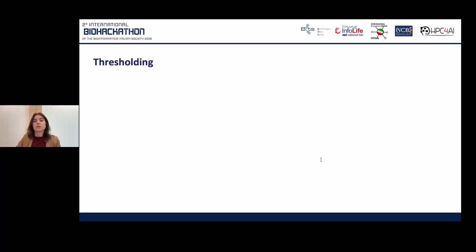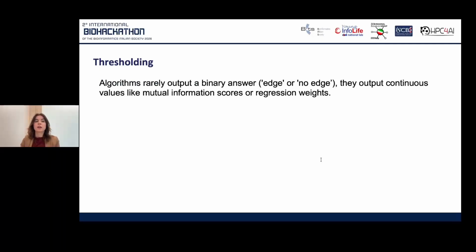There's also something else to think of. Actually, our algorithms rarely output a binary answer, let's say yes or no, edge or not edge. They usually output a continuous value, like mutual information or regression weights, as we discussed.